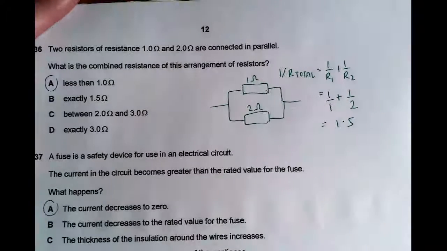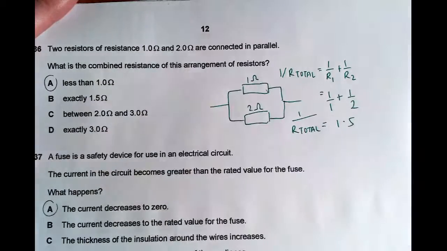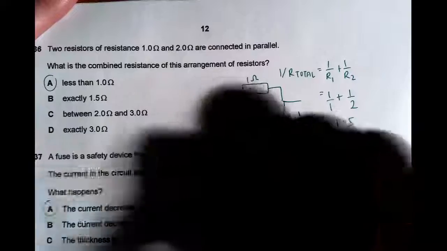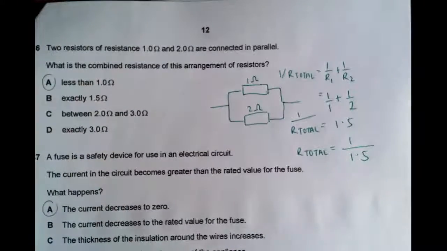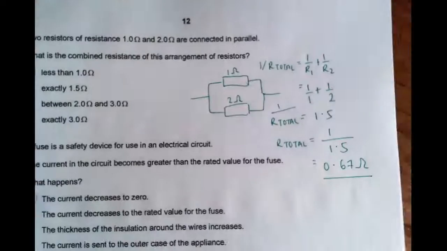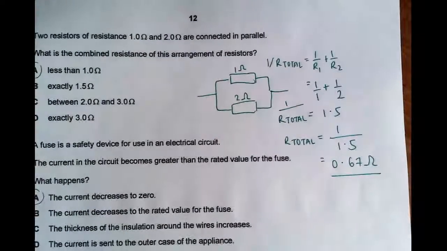So that's clearly 1 plus a half, which is 1.5. That's 1 over R total. I can rearrange that so I can see that R total is equal to 1 over 1.5. And that gives me a value of 0.67 ohms, which is less than 1 ohm, which gives me A.